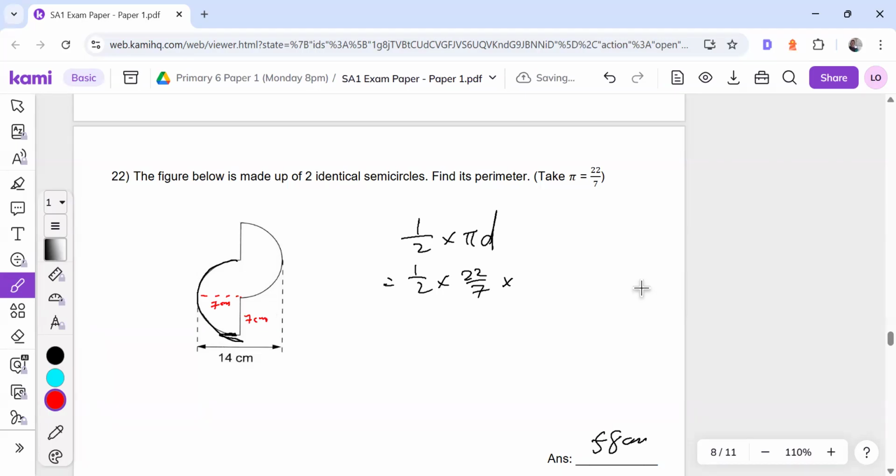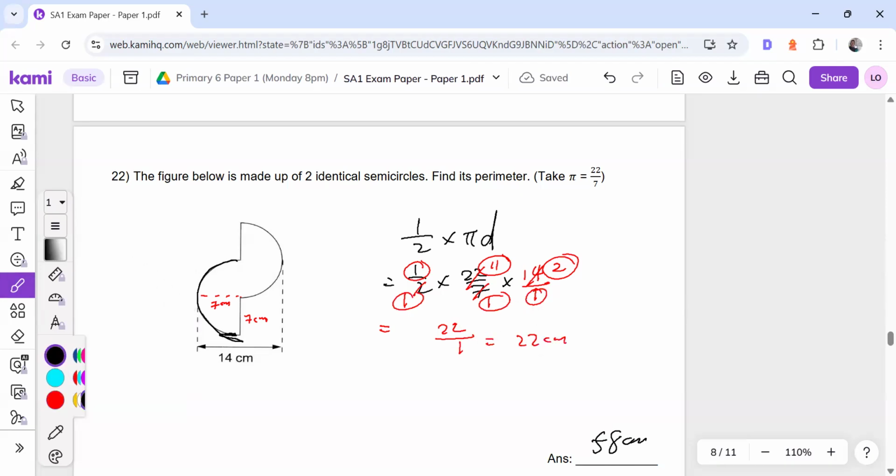So what is the diameter? You take radius times 2. Right? To get diameter, just take radius times 2 and then change it to a fraction. Cancel, cancel. And then cancel, cancel. Then you multiply the numerators. You get 22, and then 1 times 1 times 1, you will get 1. What's the circumference of the semicircle? 22 cm.